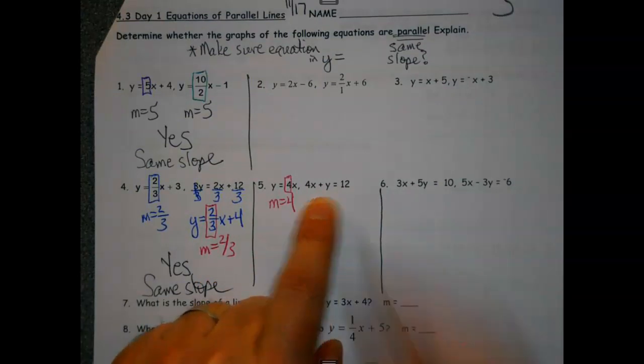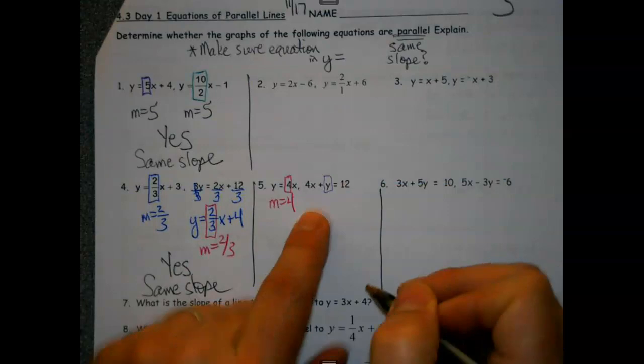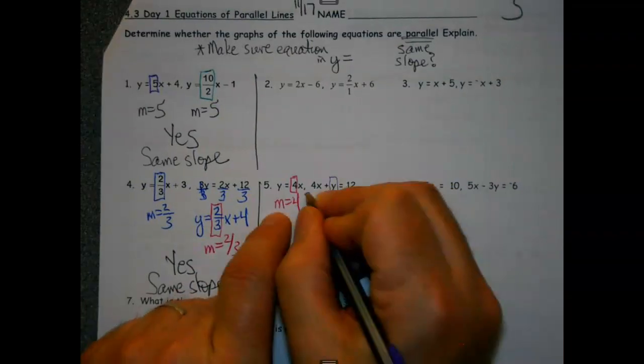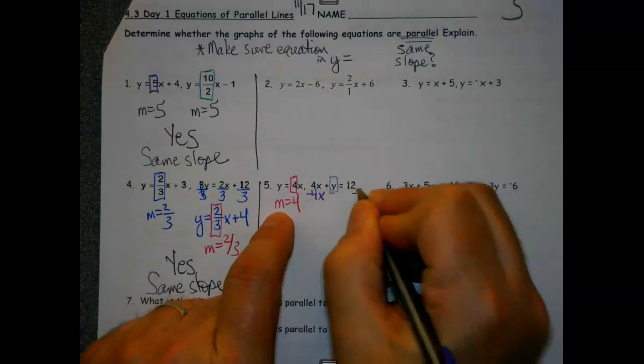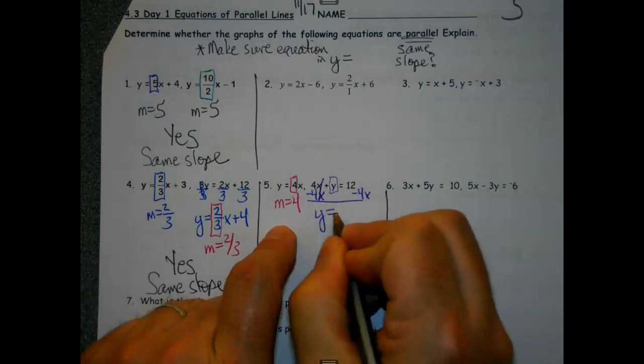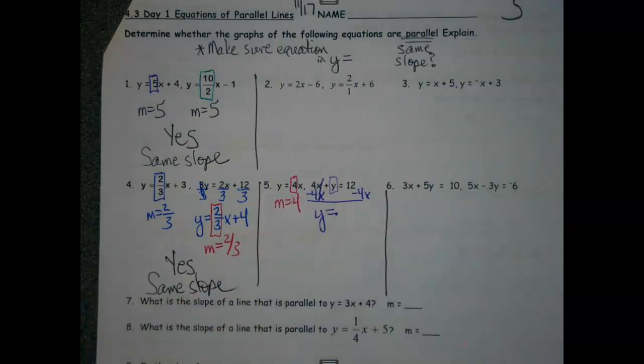So, how do I undo plus 4x? Subtract it. And when we're rewriting these, we always want to put the x term first.